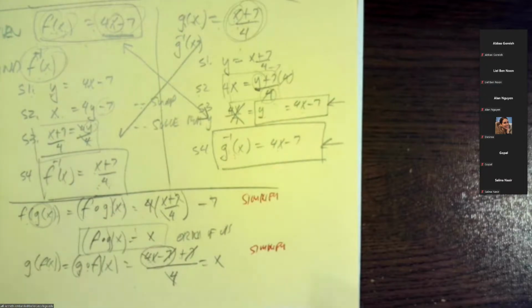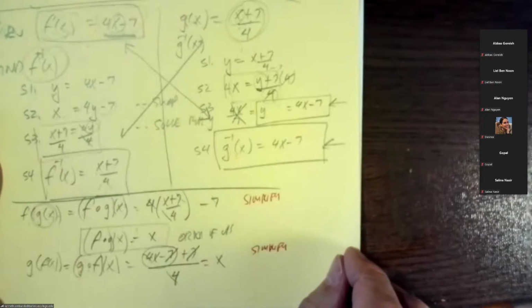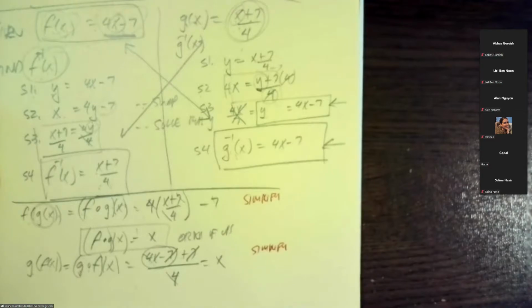Okay. Questions on that at all? So does that mean that if g of x is the inverse of f of x, and if we have different equations for f and g of x, and then we do f of g of x and g of f of x, will they also equal x?